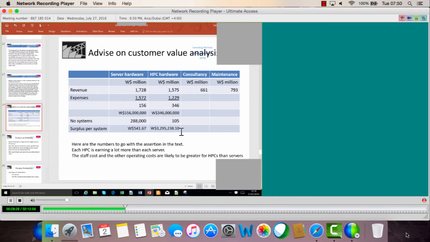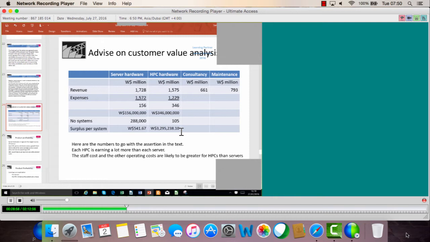So there's a big difference between the two. It may be that averaging is not an appropriate approach. It may be that the range of different prices that customers pay means that it becomes meaningless. But from a generalized point of view, you can see how tight the margins are on the server hardware.